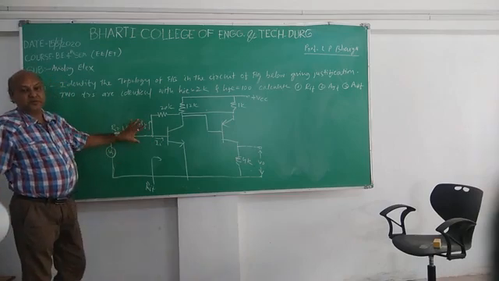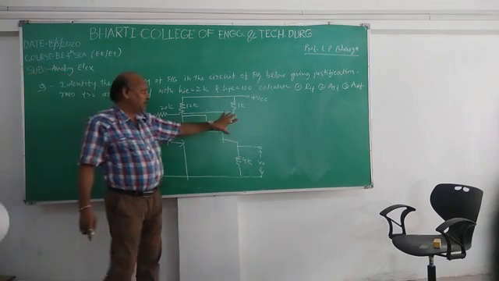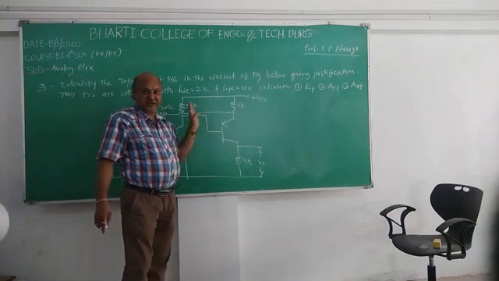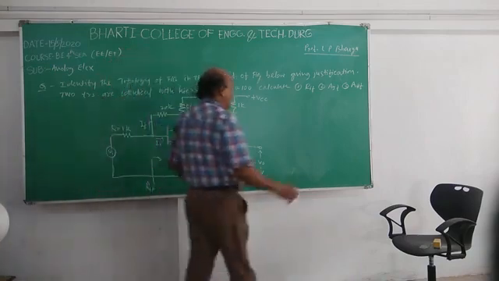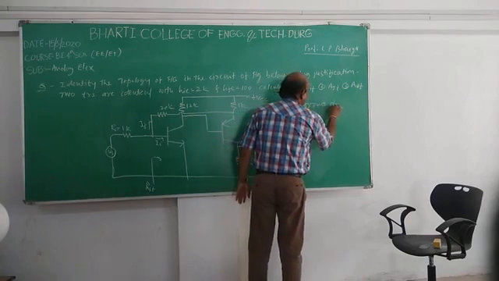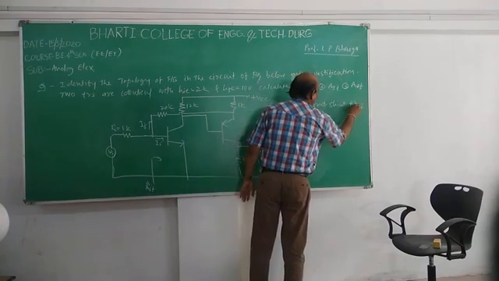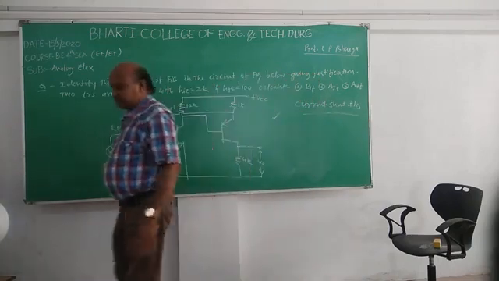So this is shunt or parallel mixing, and this is the output current. Hence it is a current shunt feedback. This topology is called current shunt feedback. This way you can identify the topology.